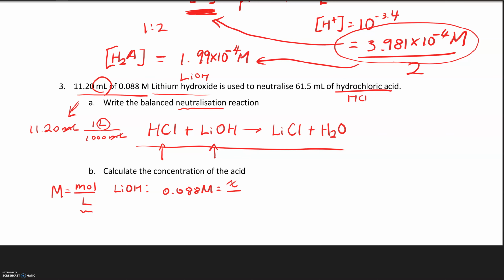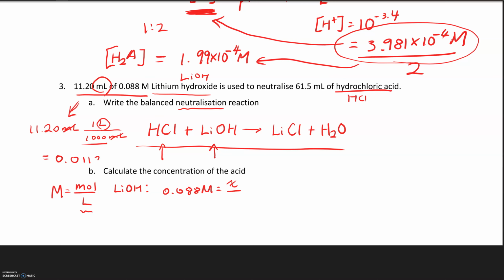However, we also have the number divided by 1000. So we should end up getting 0.01120 liters as our volume, which then, because that is our volume, we can now plug it into our equation right here.